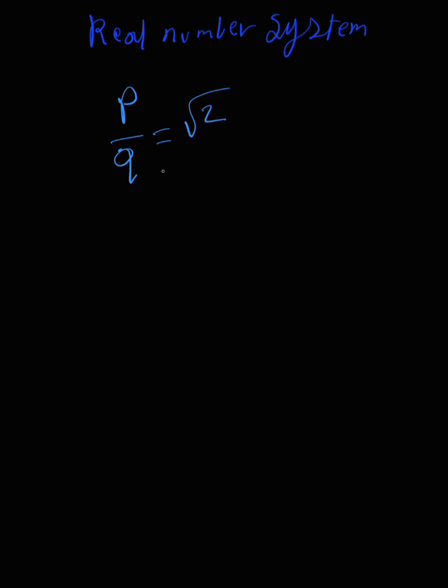Okay, now what I will do is I will square this, so this will become p square is equal to 2q square. I just threw the q there and then I squared it. Okay, I will just show it here. P is equal to root 2q. Now what this means is that p square is equal to 2q square.